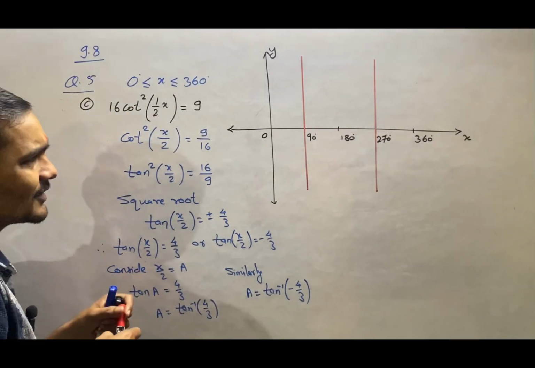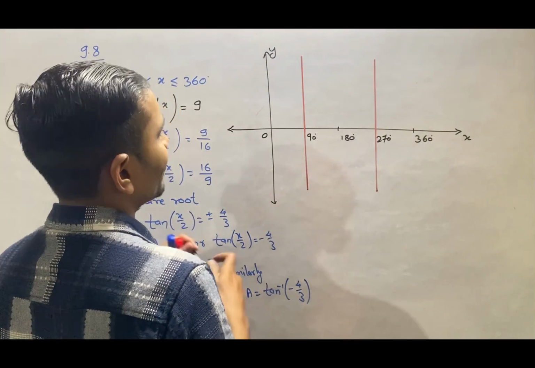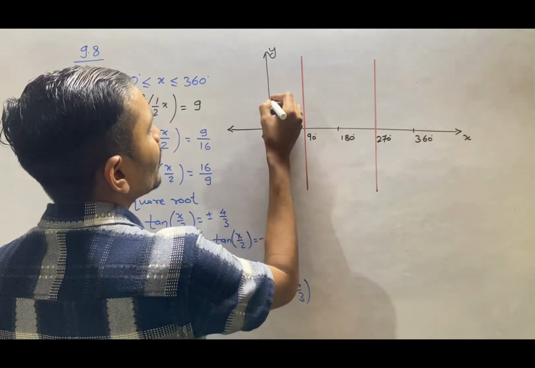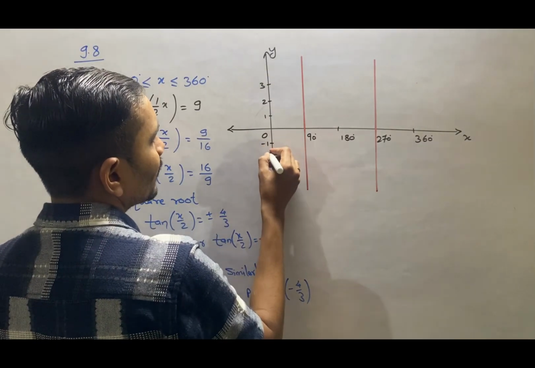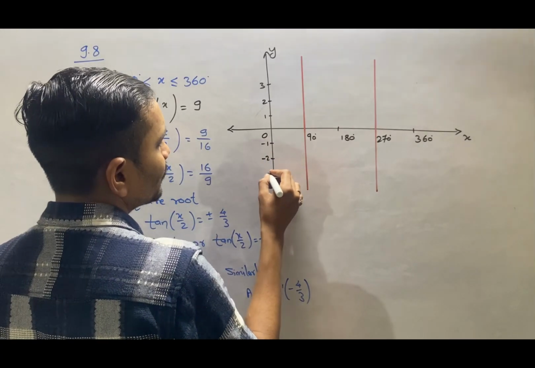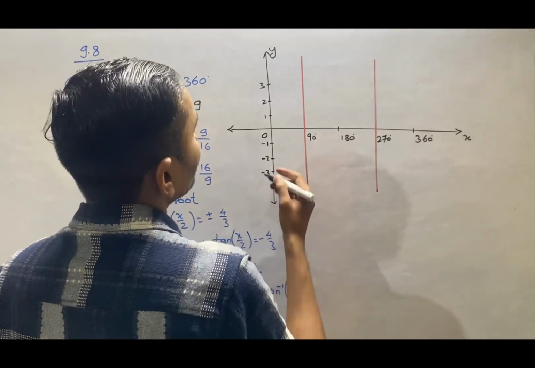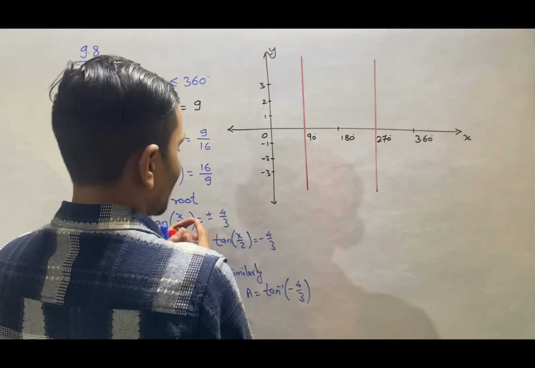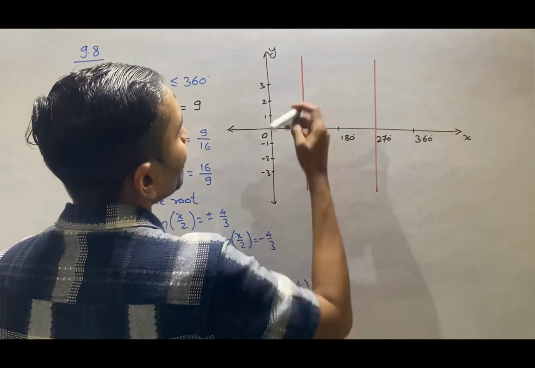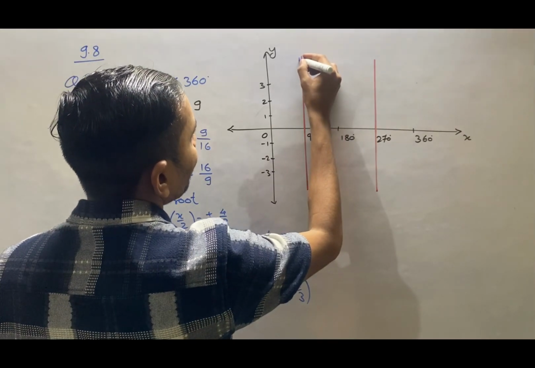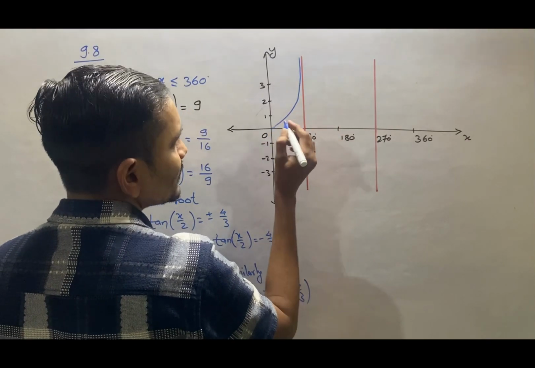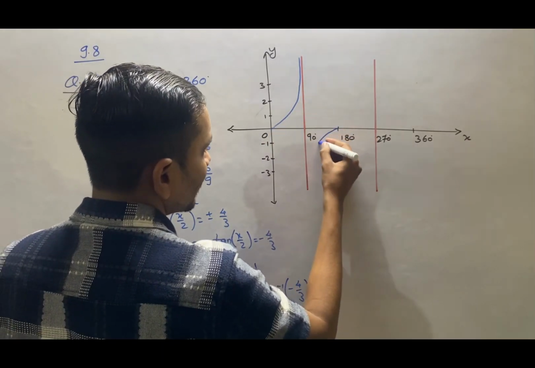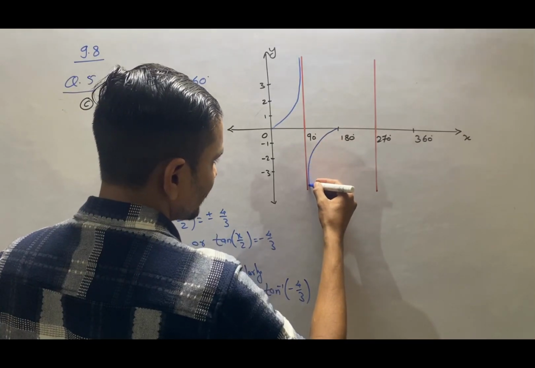So let's draw a standard graph of tan, with 1, 2, negative 1, negative 2, negative 3. We already know this is the graph of tan, so we are plotting the standard graph.